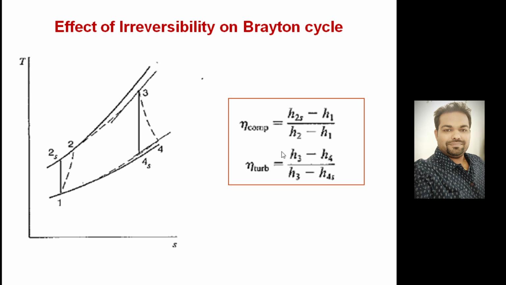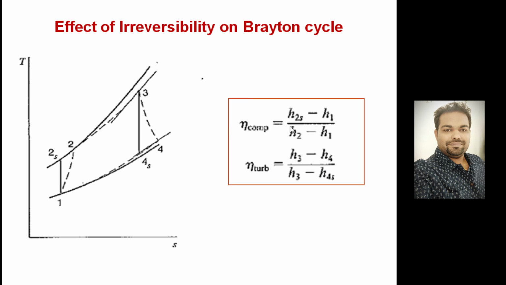And in the turbine, actually it is going up to here. Ideally, it should go here. So the efficiency of the turbine is actual expansion divided by the ideal expansion. This is known as the efficiency of the turbine. Ideally the turbine has to produce more work, but actually it is creating less. So less divided by more will give the efficiency.